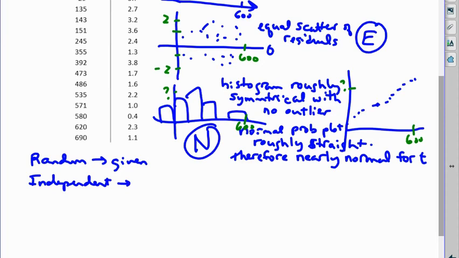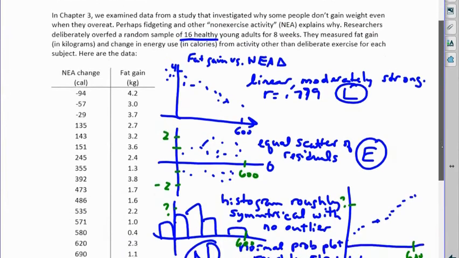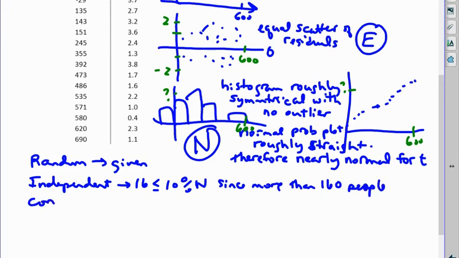Independent because this number of people is less than 10% of the population value. Just looking back to see, there were 16 healthy adults, so I would say that there's more than 160 in the population. So the conditions for inference are met.